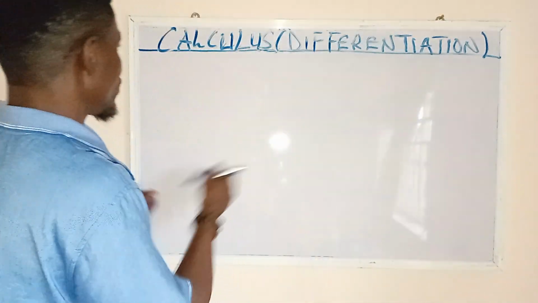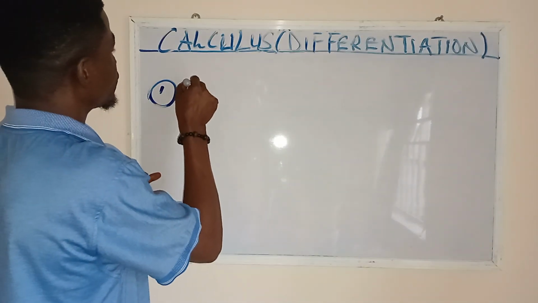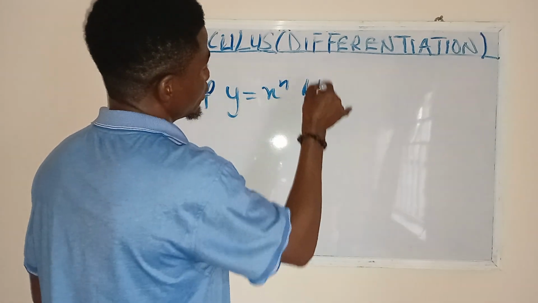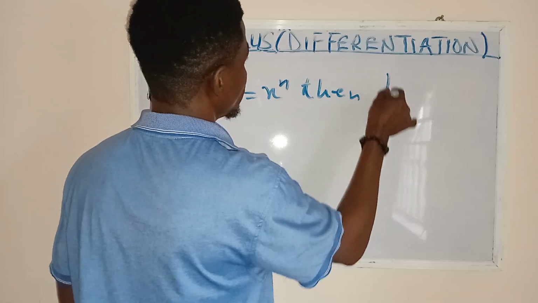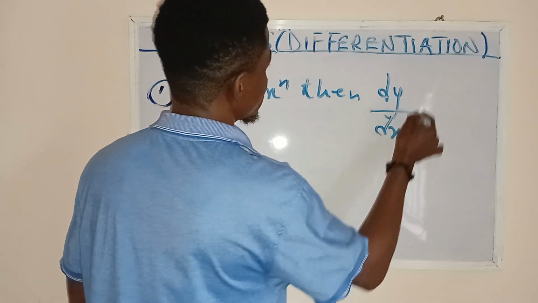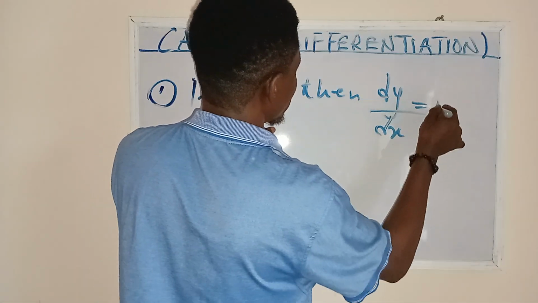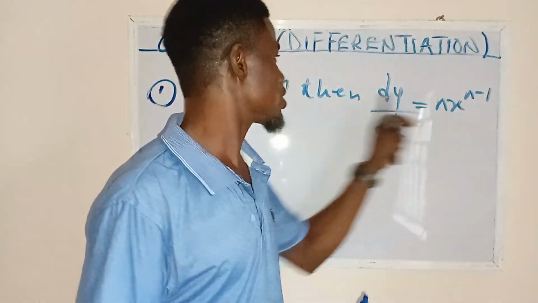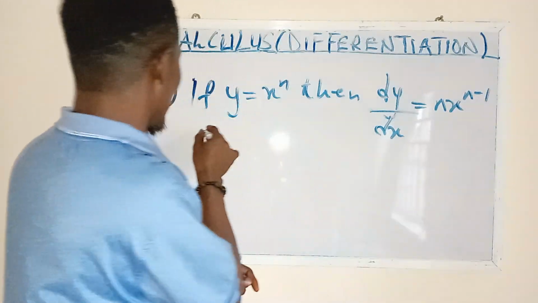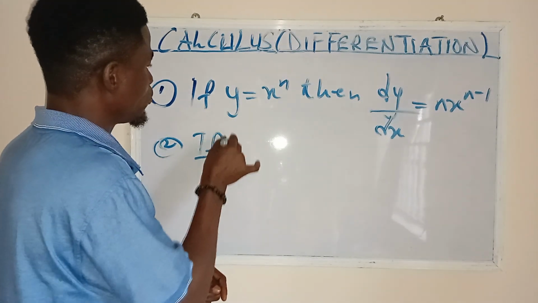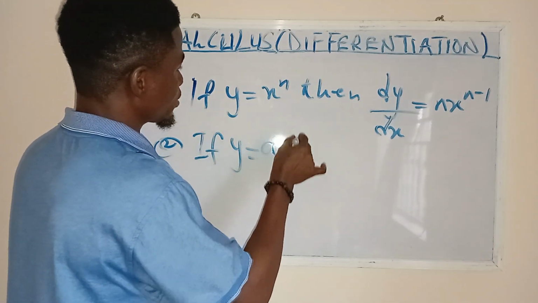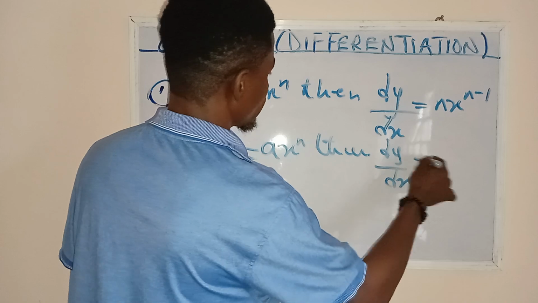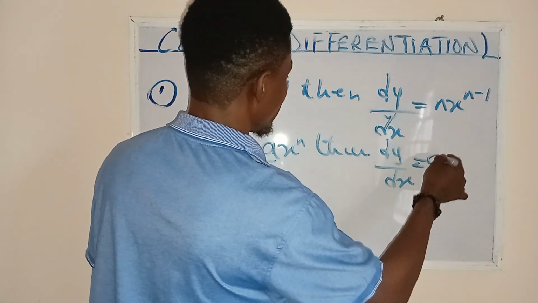Number one, if y equals x^n, then dy/dx equals n x^(n-1).